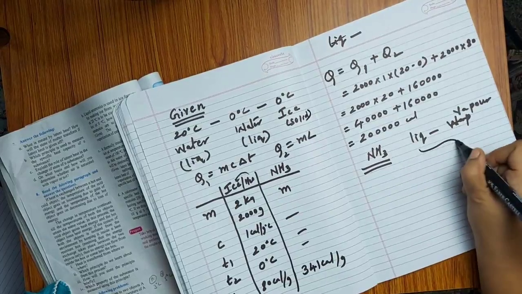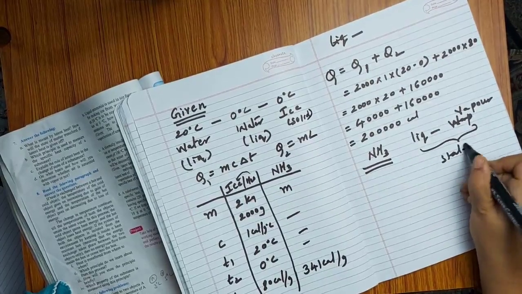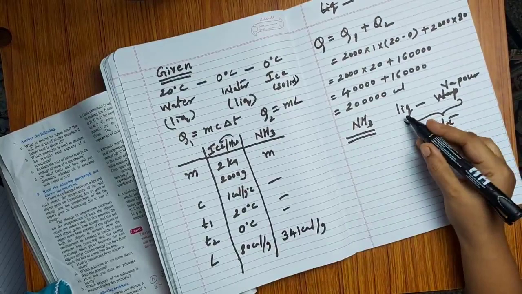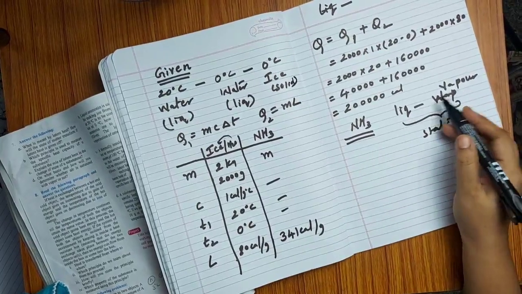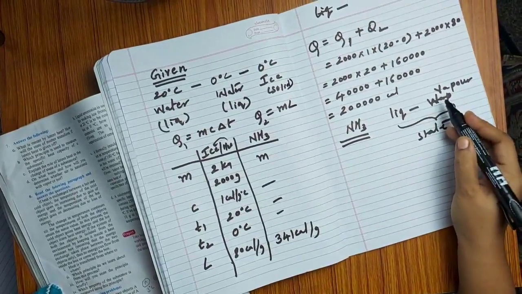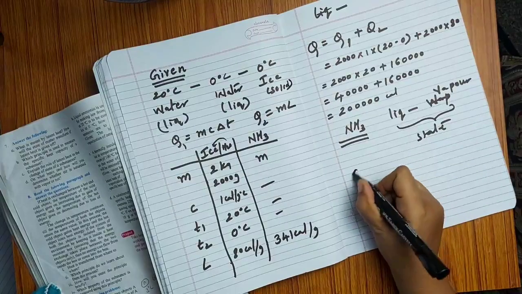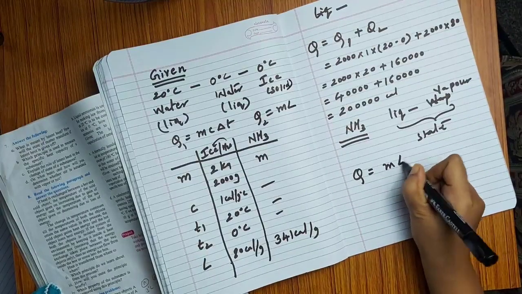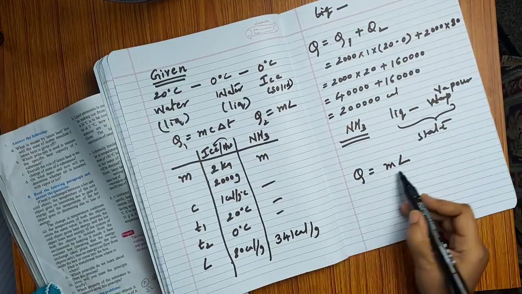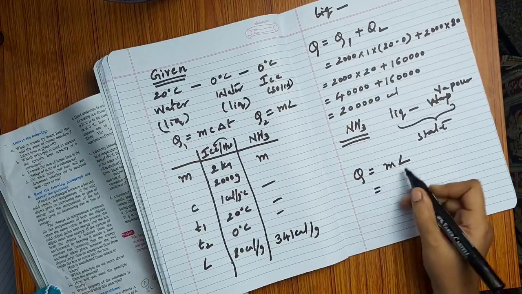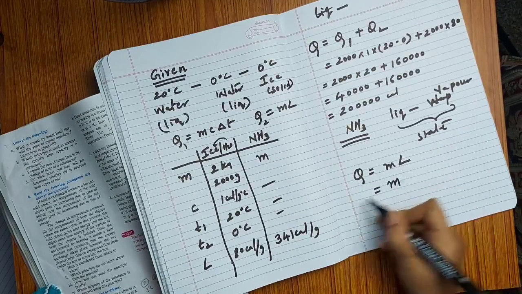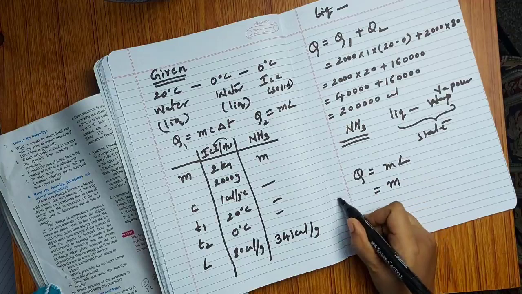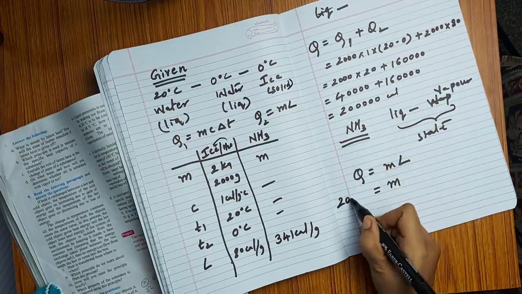That means here the change of state is taking place. Liquid ammonia is to be changed into vapor, and that is why you use the formula Q is equal to mL. For change of state, we are supposed to use this formula, and that is equal to mass we don't know, Q we know, we found out.